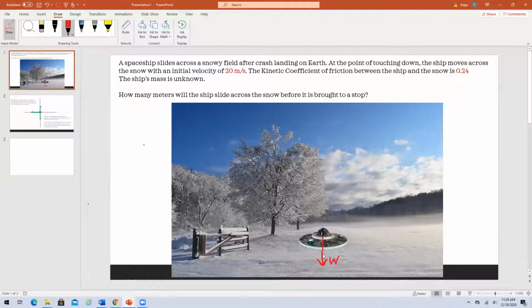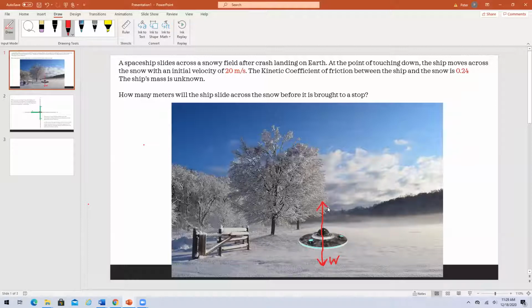And then, as per Newton's third law, in response to this force being applied perpendicularly to the surface that is the snowy field, we're going to have another force vector that points in the opposite direction and matches that downward force.